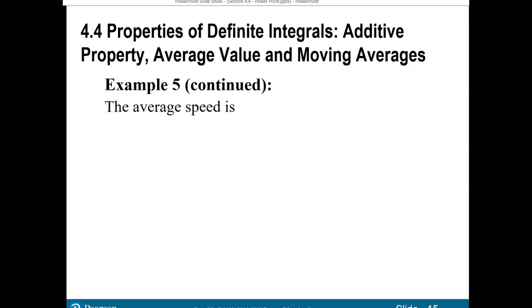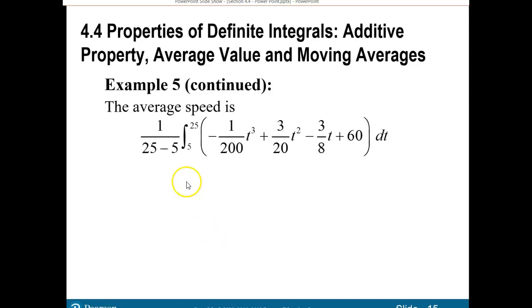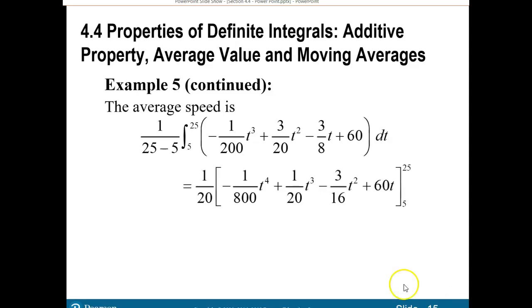Okay, so average speed, so average value, 1 over, we're going between time values of 5 to 25, so b minus a is 25 minus 5, times the antiderivative from the same endpoints, 5 to 25, of the velocity. So 25 minus 5 is 20. So this is 1 over 20.